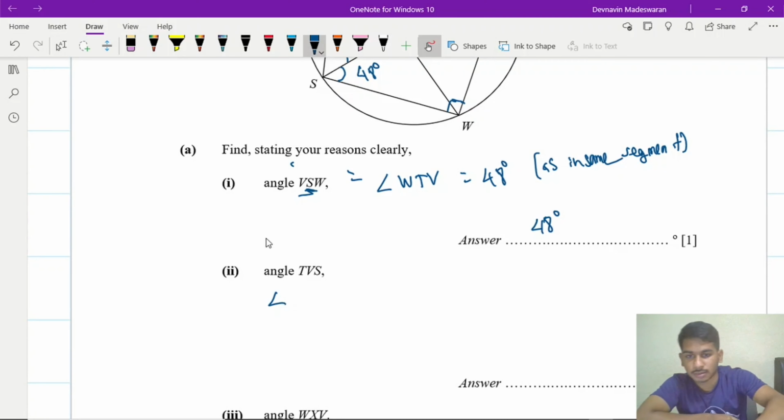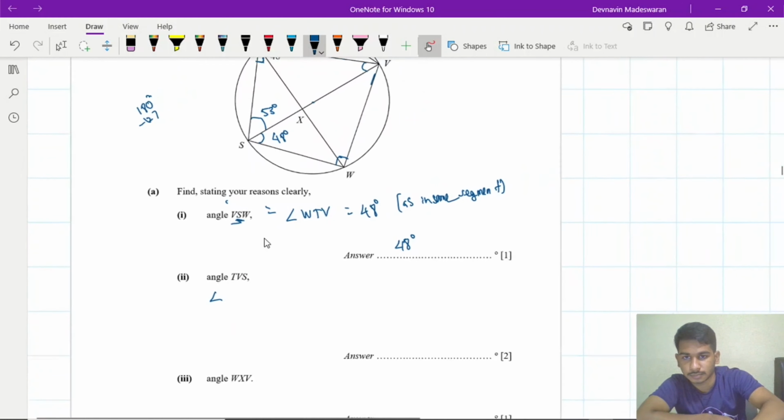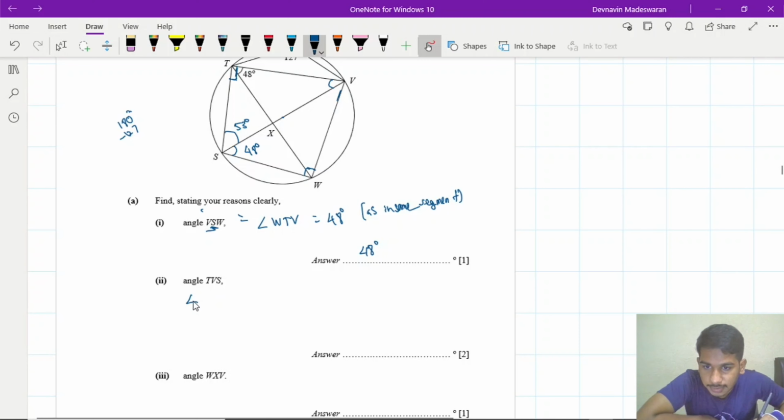Angle TSV is equal to 180 degrees minus 127 degrees, which is equal to 53 degrees.